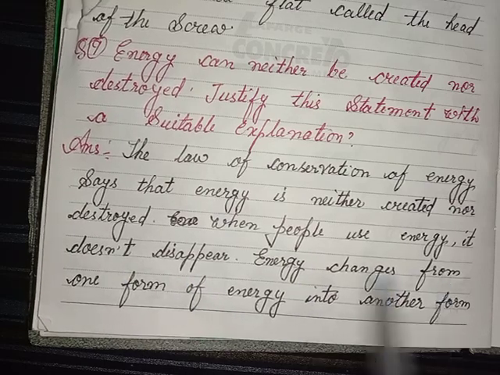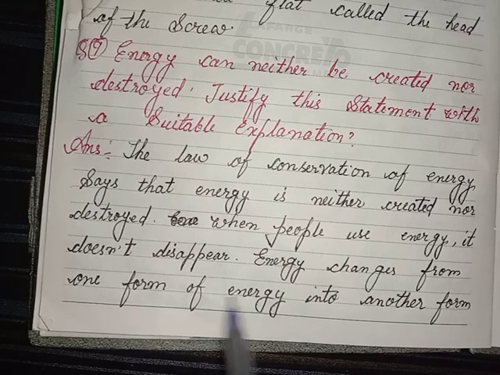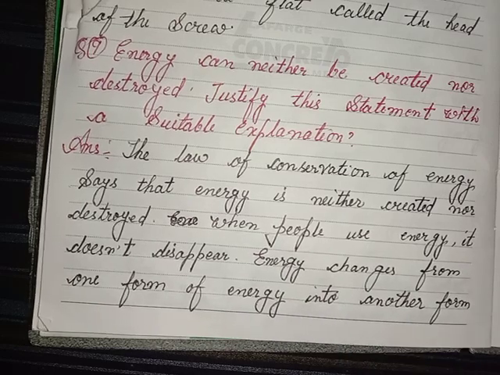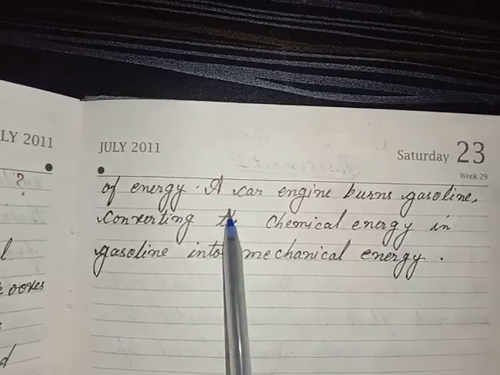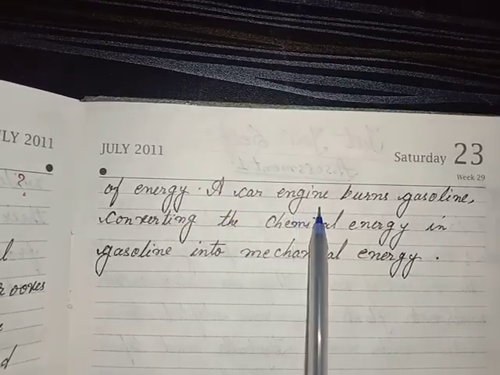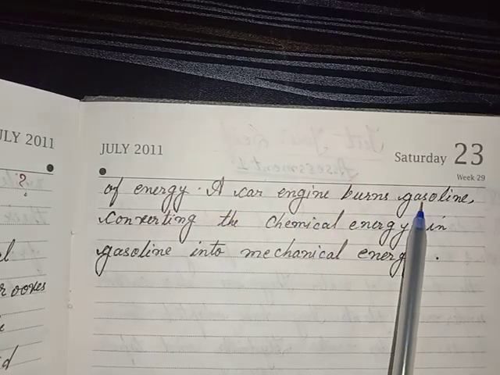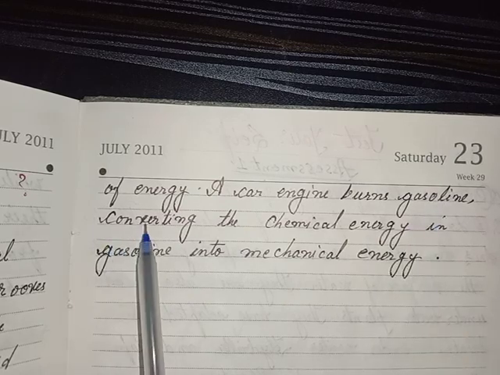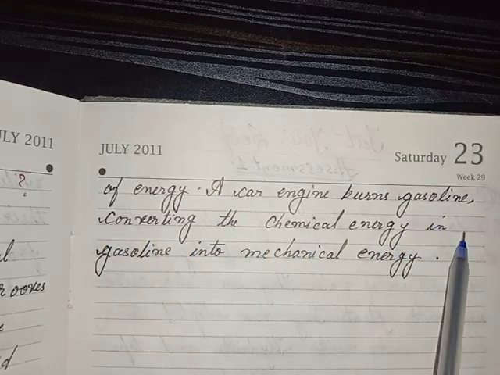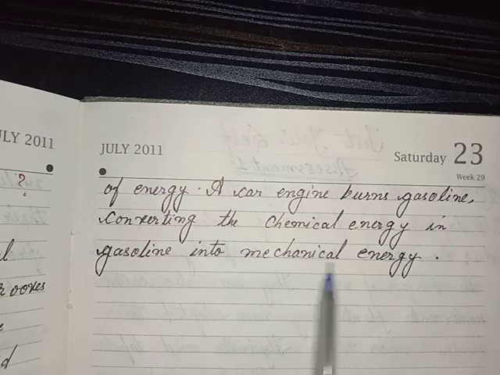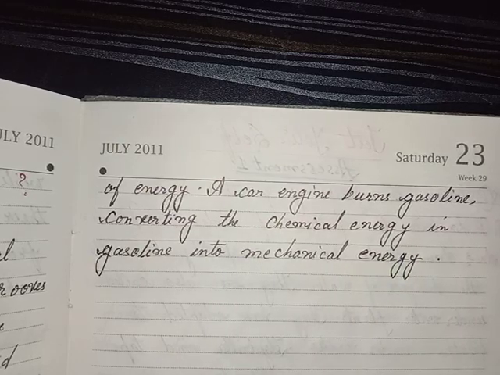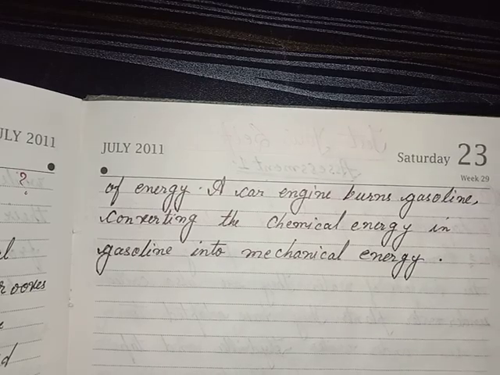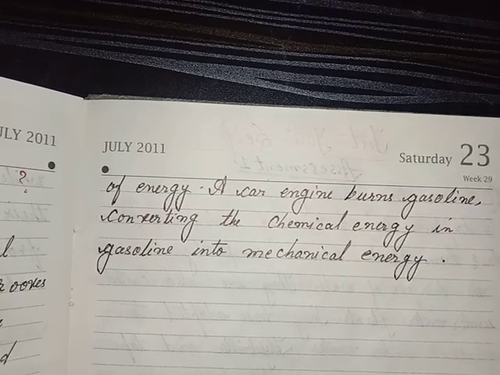Energy changes from one form of energy into another form of energy. A car engine burns gasoline, converting the chemical energy in gasoline into mechanical energy. Okay students, I have done all the questions in this lesson.